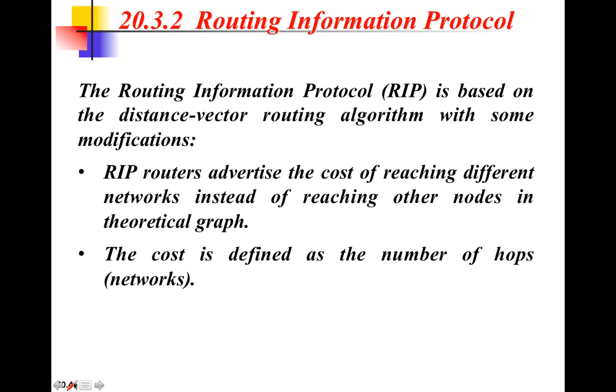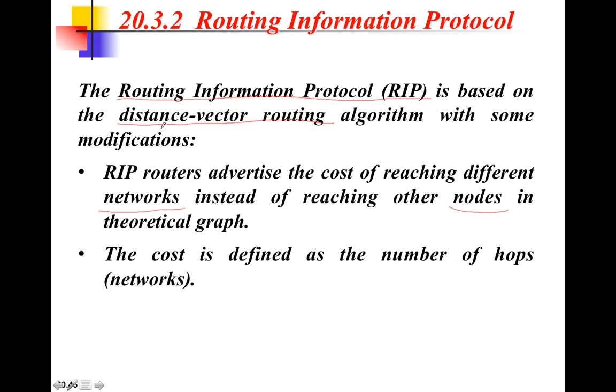So beginning, we have RIP, the Routing Information Protocol. It is based on distance vector routing, the ones we studied early on. In RIP, the routers will advertise the cost of reaching different networks, instead of reaching different nodes.